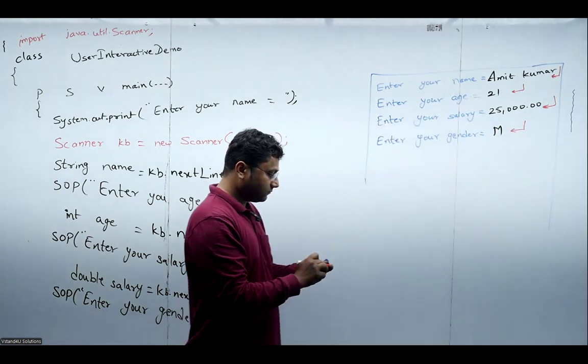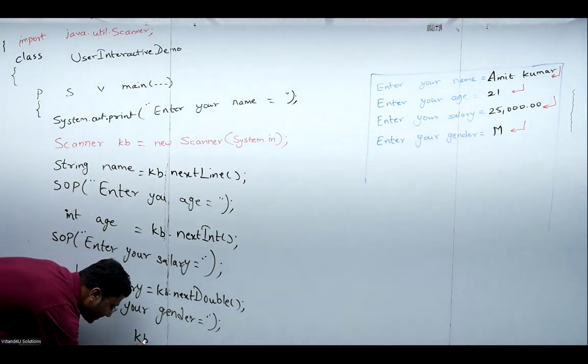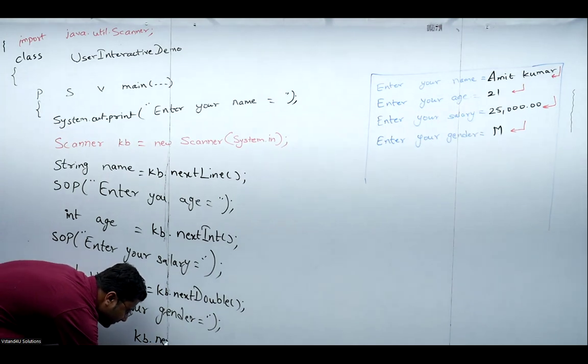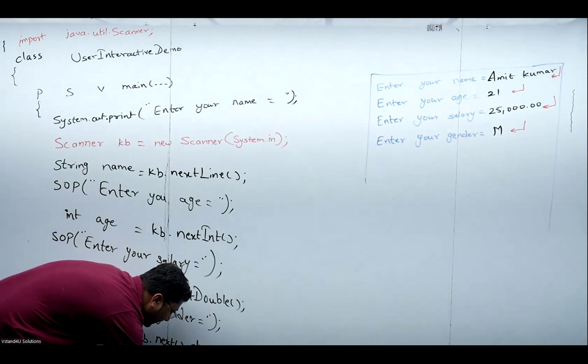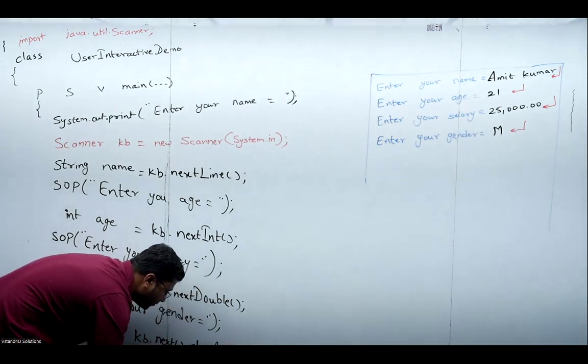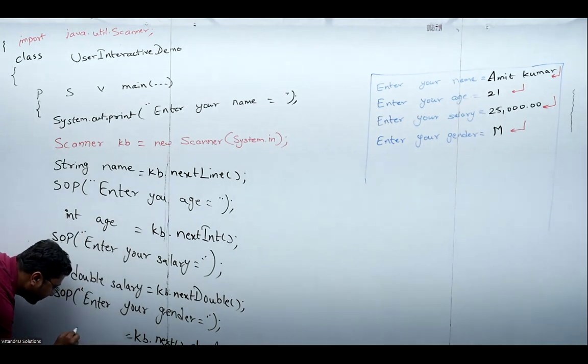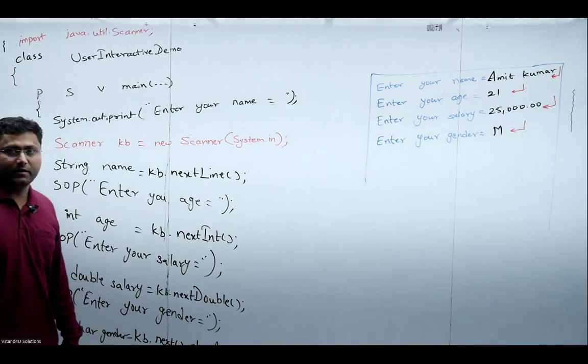Done. Okay, sir. So to get the character data, I hope you remember the method. Next of dot char at of 0. This value I'll be storing into another variable which is of type character, say gender. Am I right? Clear? Okay, sir.